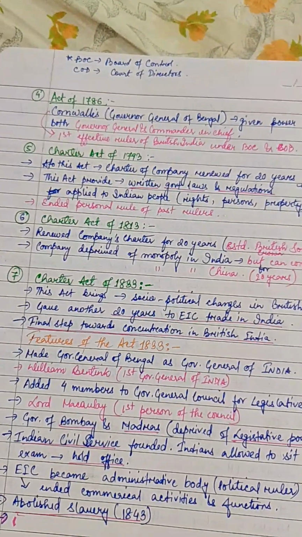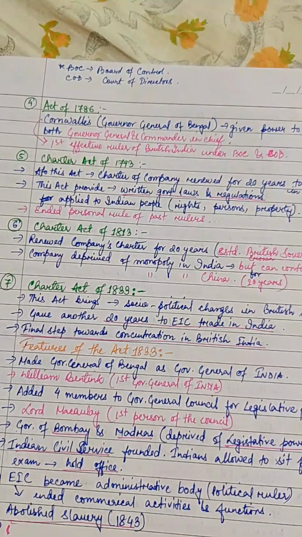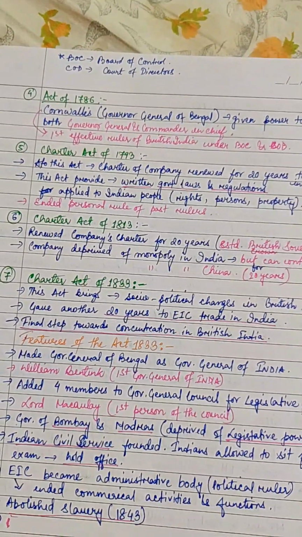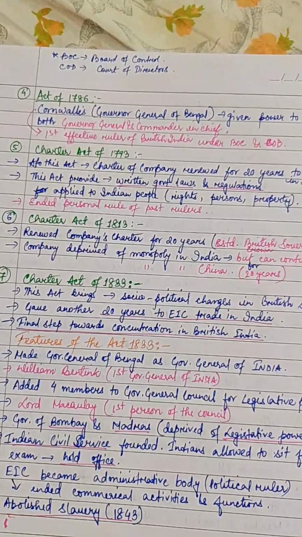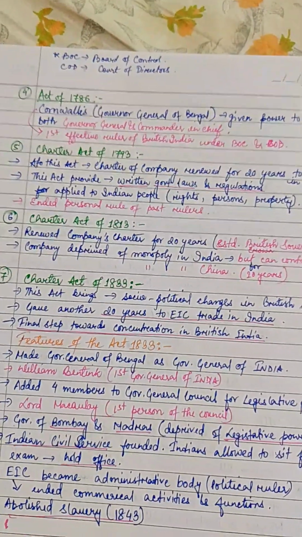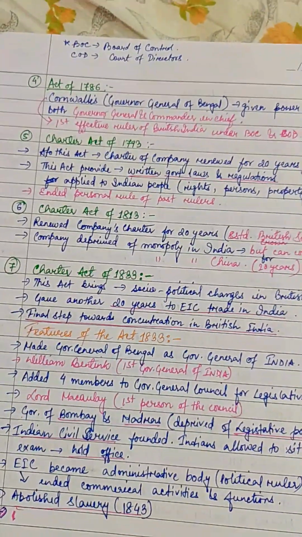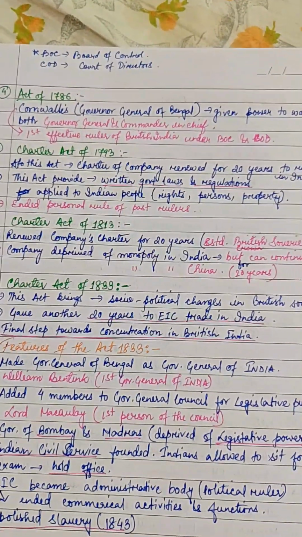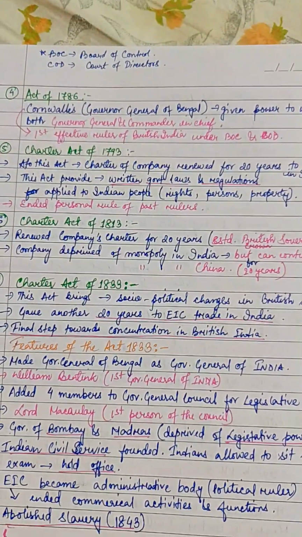So if it is asked who is the first Commander in Chief in Bengal, it will be Lord Cornwallis, and he is the first effective ruler of British India under BOC and COD.